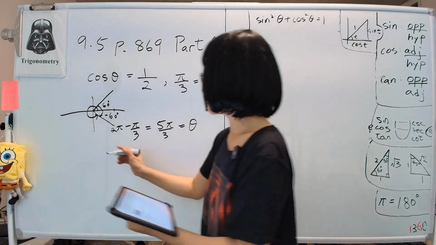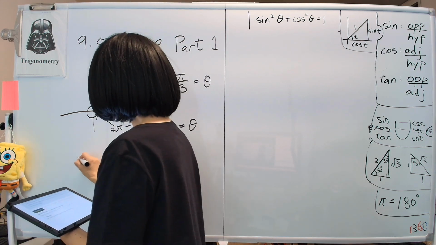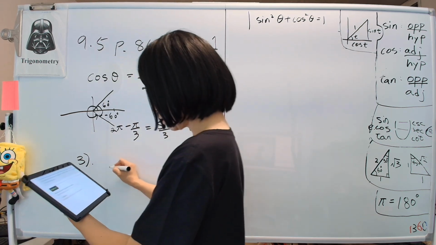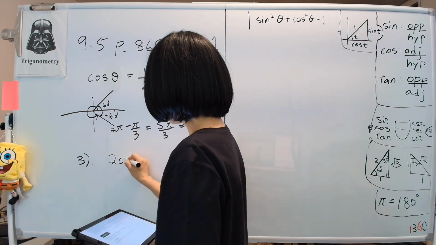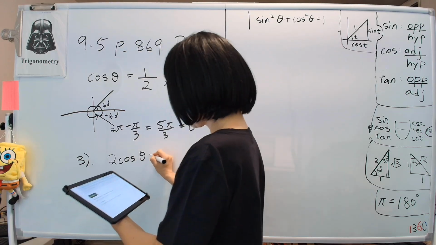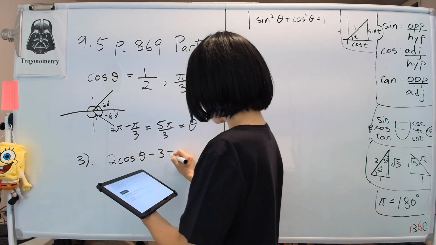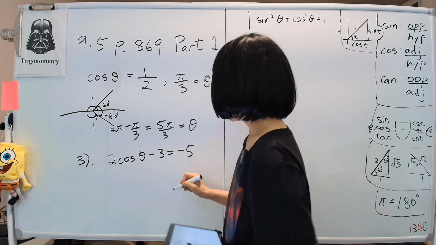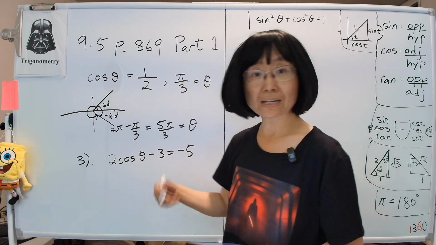Example 3 on the same page says we have 2 cosine theta minus 3 equals minus 5. All right, so let's solve for cosine theta like it is x.